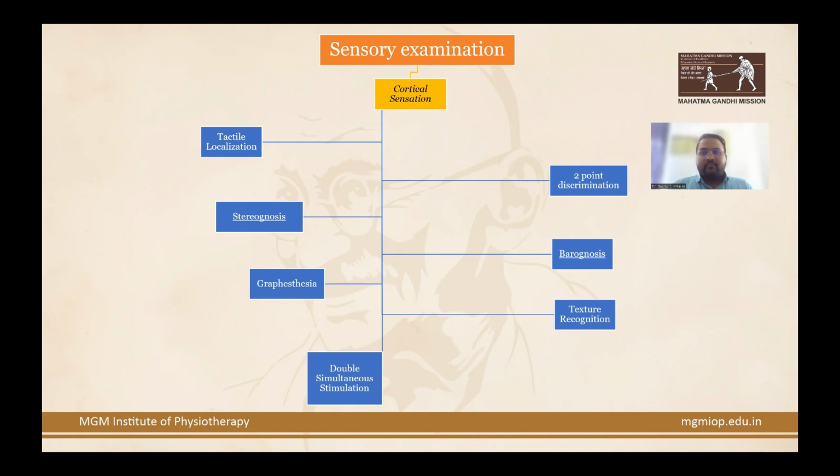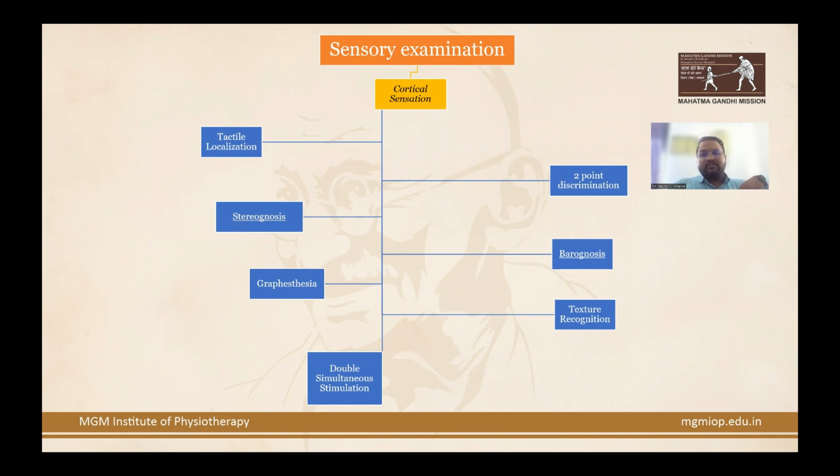Two-point discrimination by using an aesthesiometer: check the distance measured between the two points on the skin and see how the sensory is there. Barognosis is like weight, how much weight the object has. If one hand is holding a pen and the other hand is holding a phone, see whose weight is more.